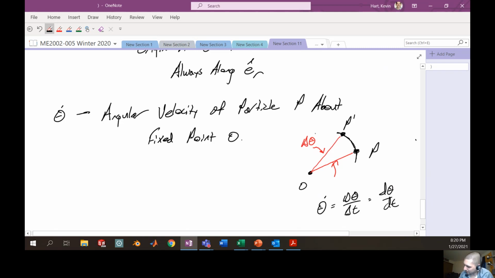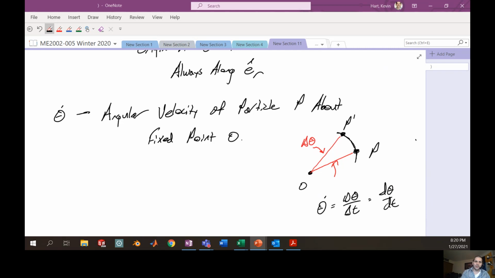However long it took me, I can normalize delta theta by that amount of time, and that gives me my angular velocity. RPMs, revolutions per minute, that's an angular velocity. There you go. It's a general idea.